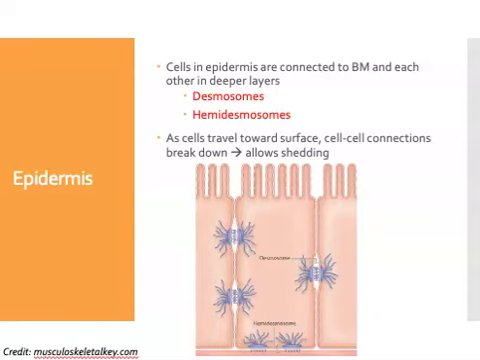Now, if you look at the drawing on this slide, this actually represents cells not in the skin, not in the epidermis, but in the intestine. And I took this picture into our lecture because I like the way the artist has drawn the desmosomes and the hemidesmosomes. So again, these are not epithelial cells, these are intestinal cells, but the idea is the same.